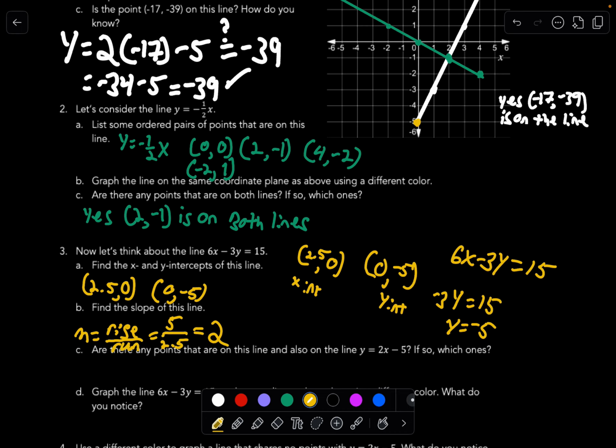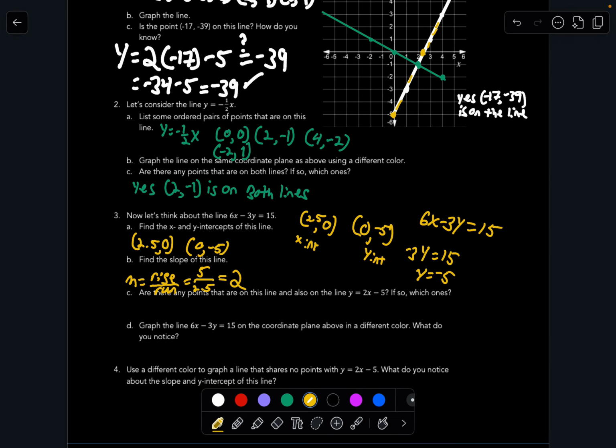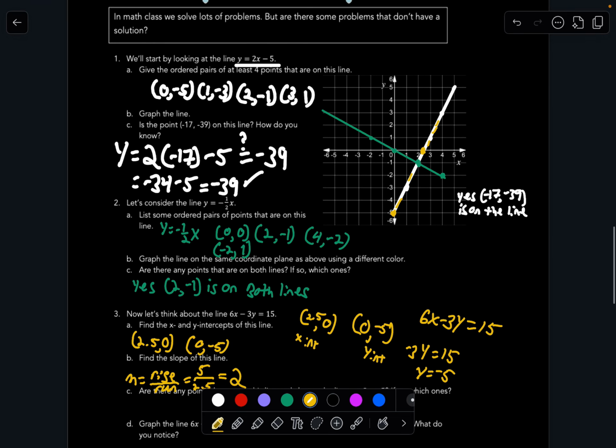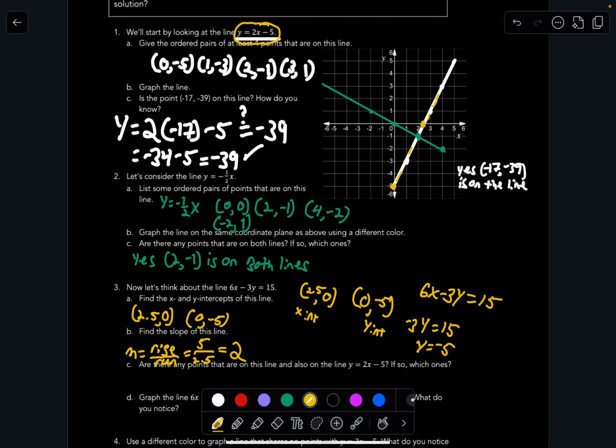Okay, find the slope of this line. Again, I just looked at this point and this point, and then 2.5 is right there. And if you really look at this, you can see that they're the same, that white line, which is above, which is this right here, y equals 2x minus 5, is the same as this line, because it's the same graph.